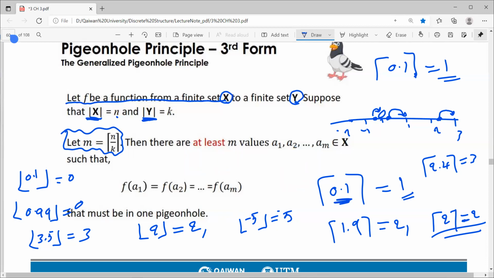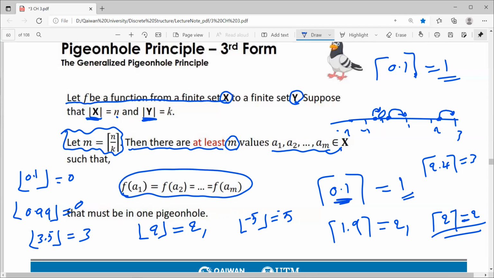So you see, there are at least m values in X which have the same image. That means m pigeons are in the same pigeonhole.